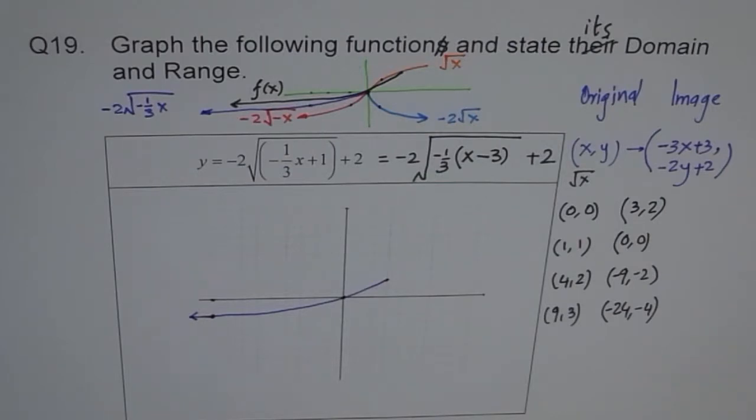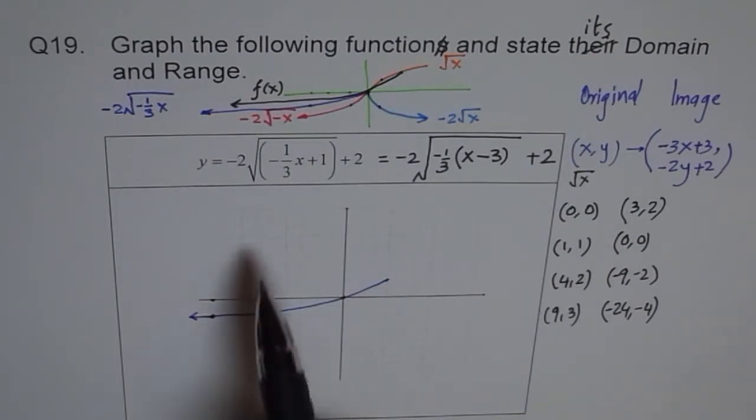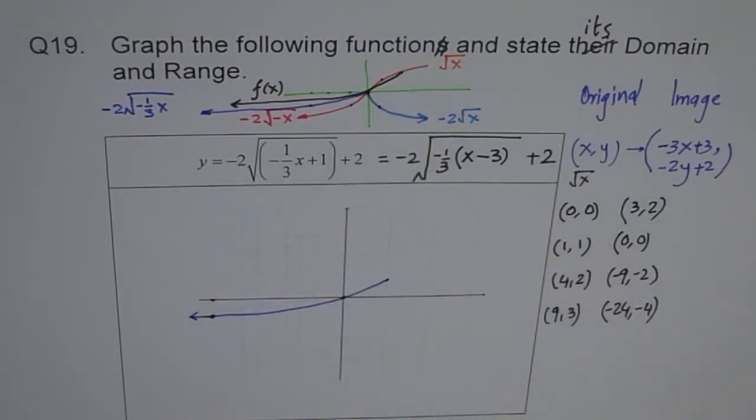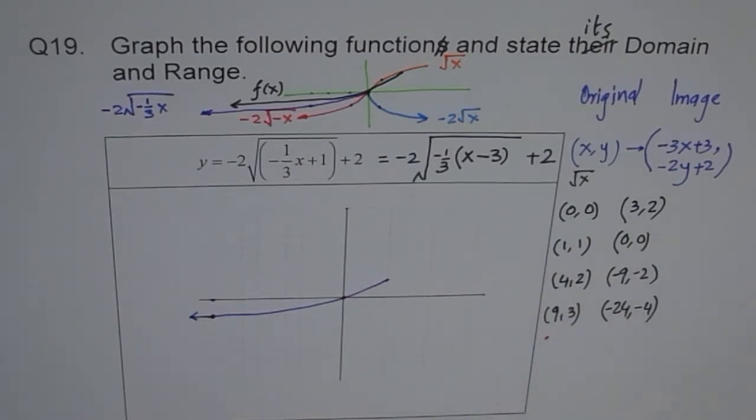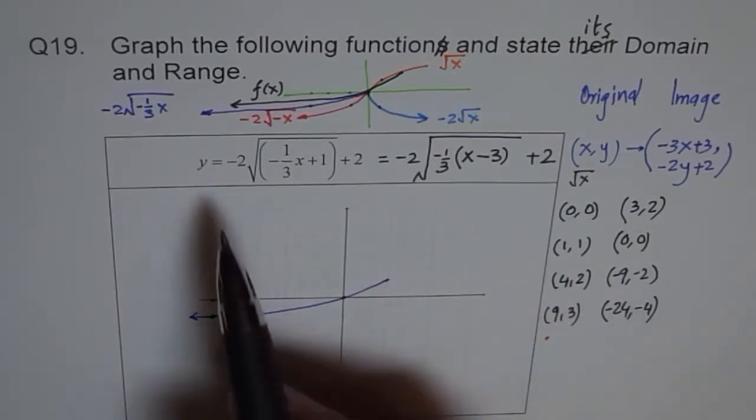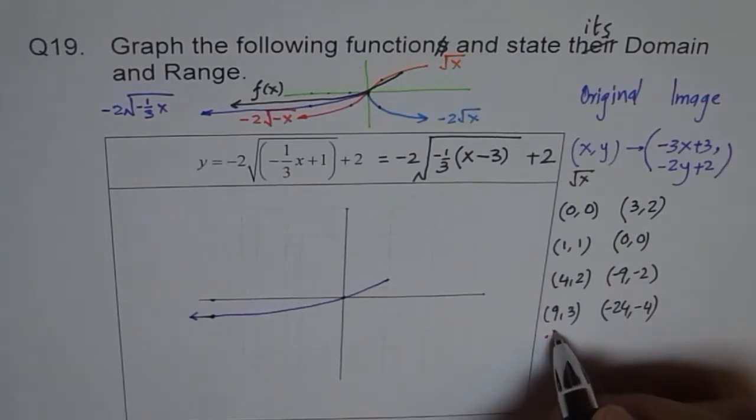Now, there could be many questions related to this problem. One, of course, is to write the sequence of transformations being performed here, which will be as I've shown you. So let me put the sequence here in short. First is reflect on x-axis.